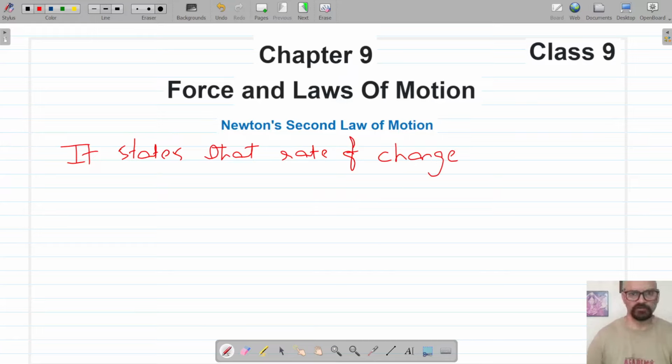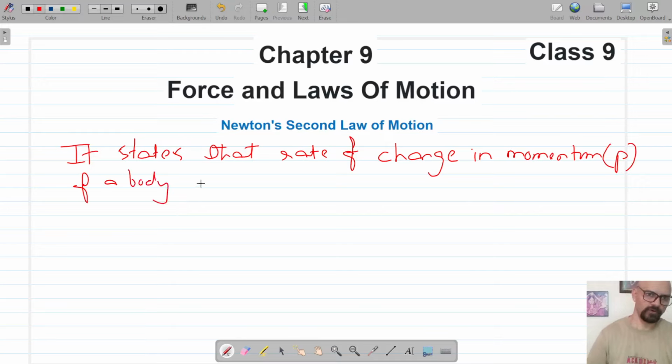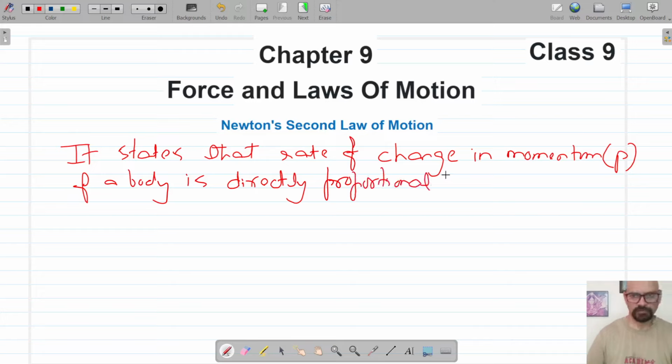So it states that the rate of change in momentum, which we denote by P, of a body, is directly proportional, that is, this is the sign for directly proportional, to the applied force.